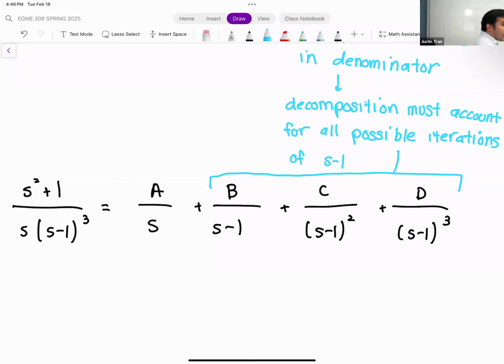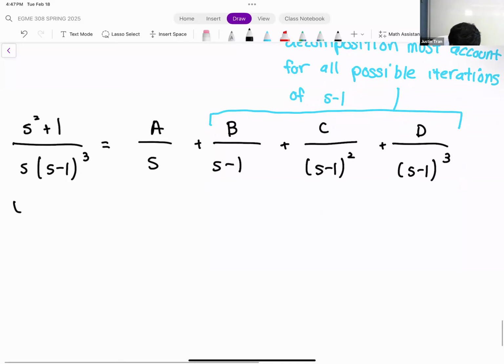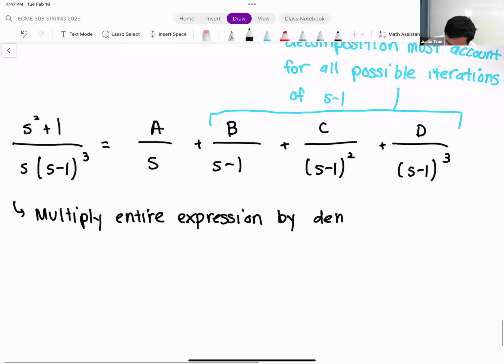But from here, we're going to follow the exact same process we did in the previous example. So now that we've set up our decomposition, we need to basically get our system of equations to solve for A, B, C, and D. First thing we're going to do is multiply this entire expression by the denominator, s times s minus 1 quantity cubed.